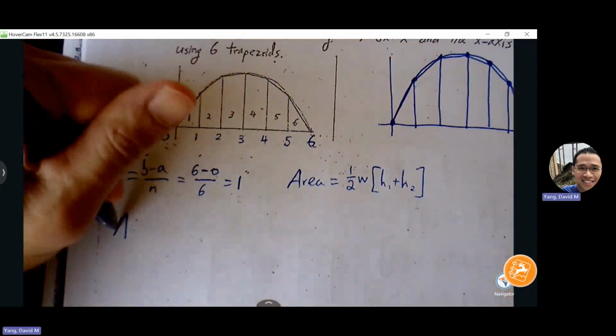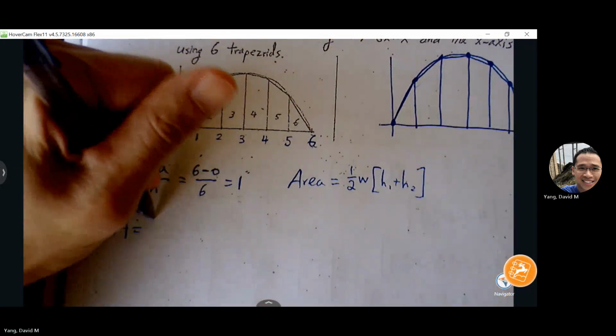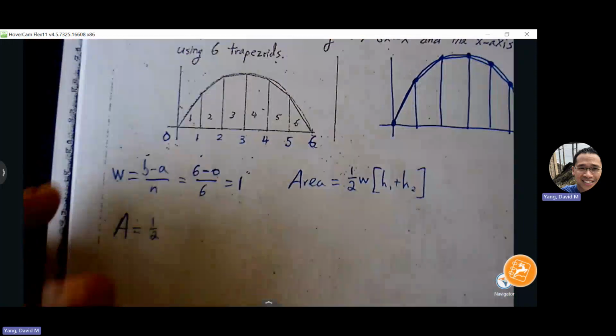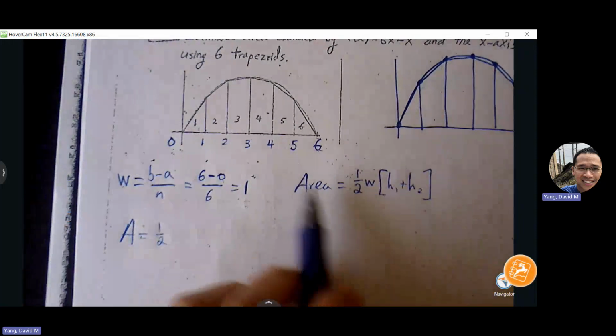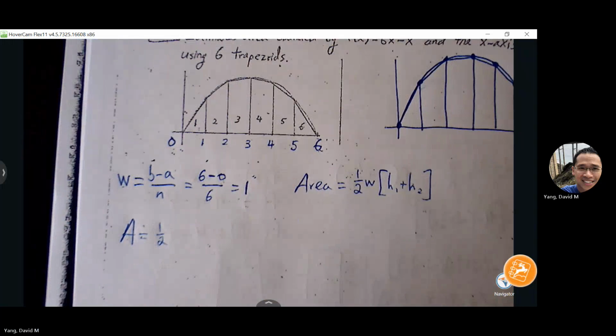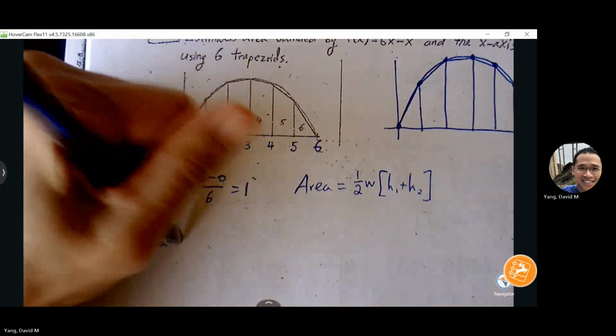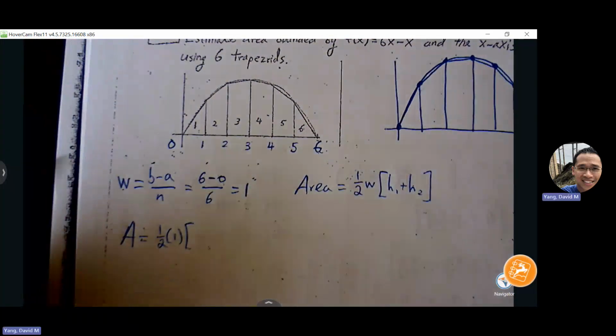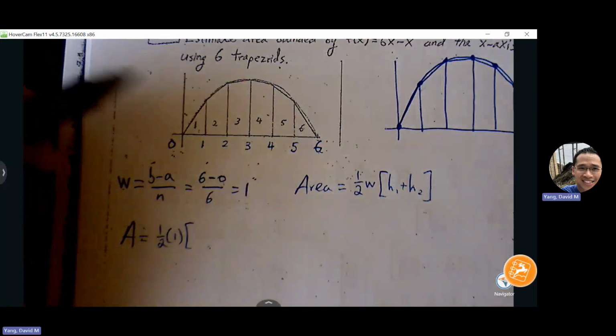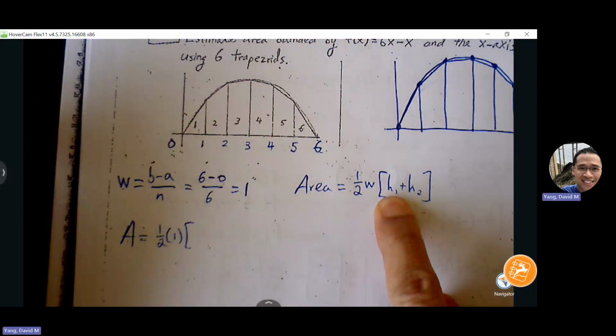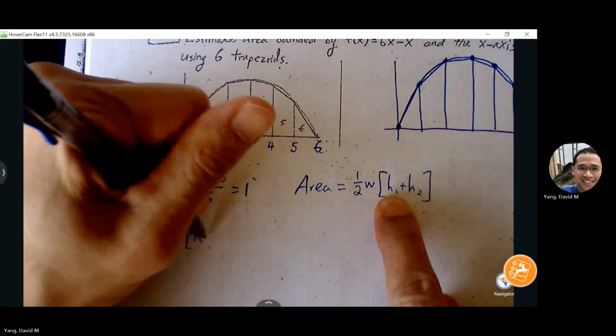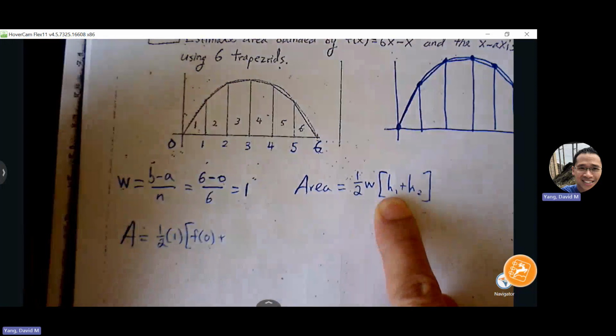So area is 1/2 width. Let's do the first trapezoid or triangle first. What's my width? 1. And let's leave it in function notation. f of what? What represents the height of my first shape? f of 0 plus f of 1.